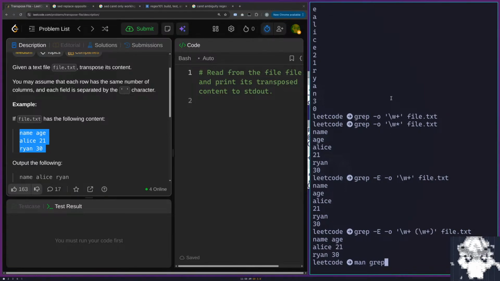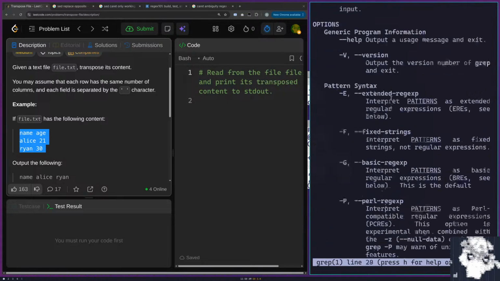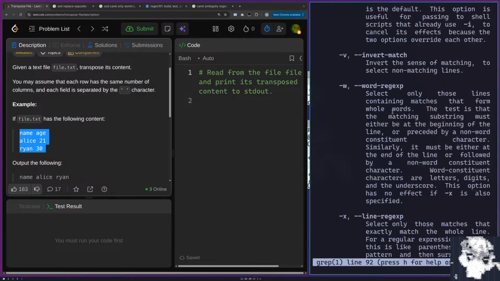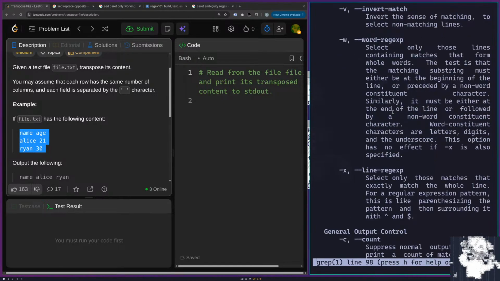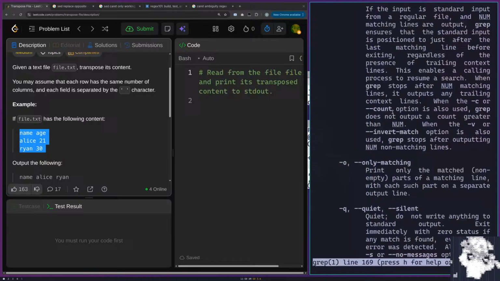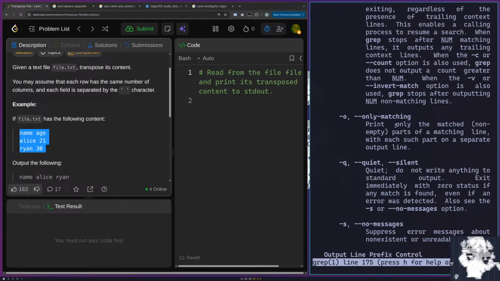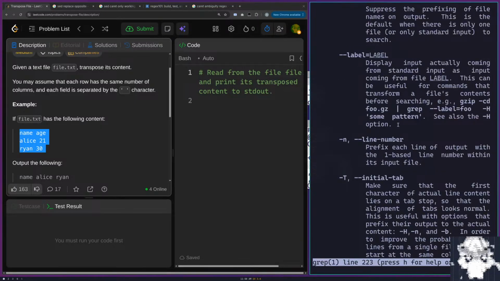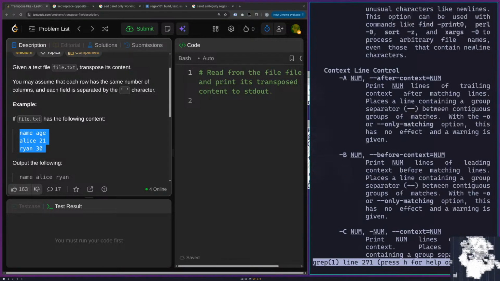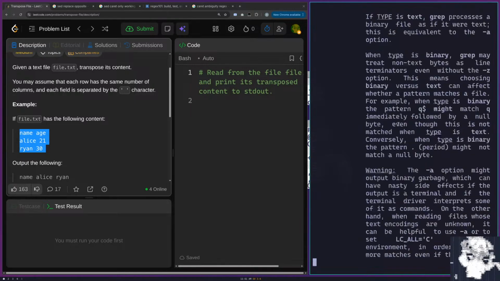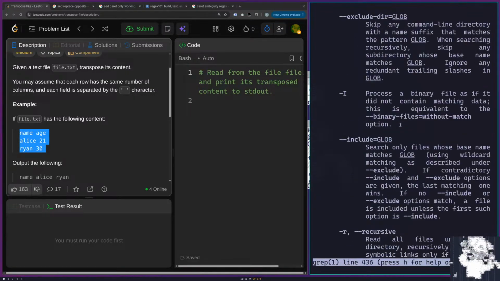Man grep. Print only the matched part, but that doesn't mean regular expression match. So we might be better off with sed again.